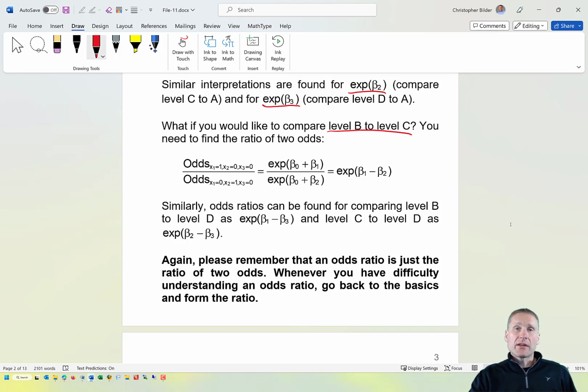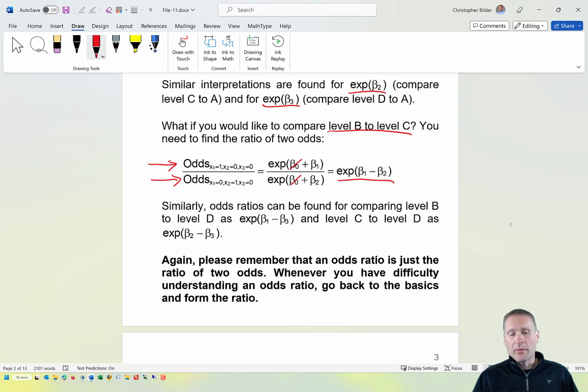Go back to the basic principles of what an odds ratio is. Let's find the odds of a success for level B, and we're going to divide it by the odds of a success for level C. When I do that, write out the corresponding odds in terms of the model, the beta 0's cancel out, and I'm left with the exponential function evaluated at beta 1 minus beta 2.